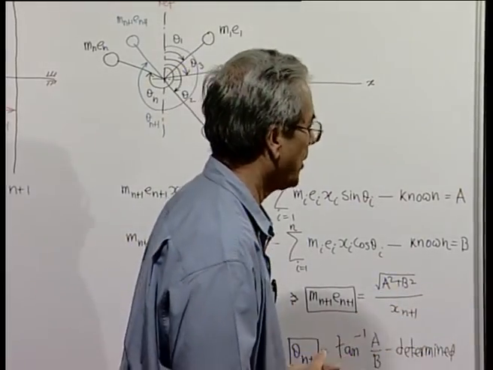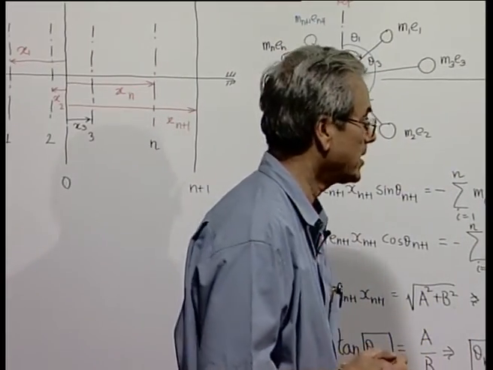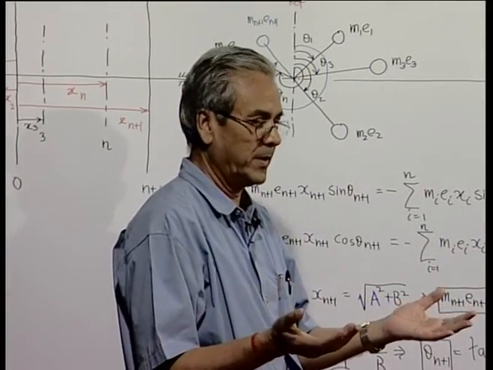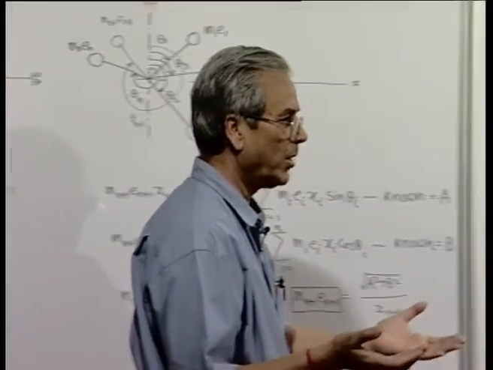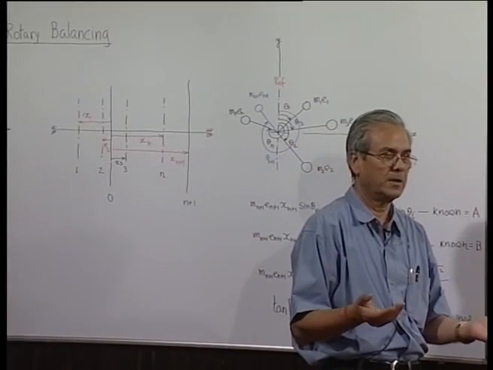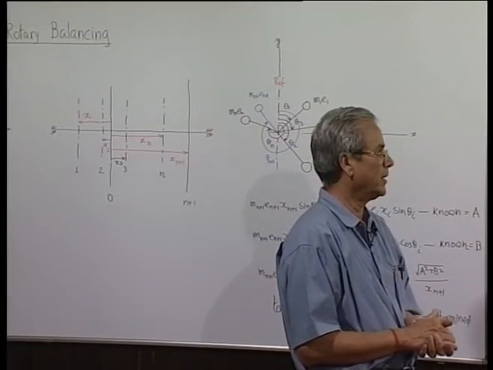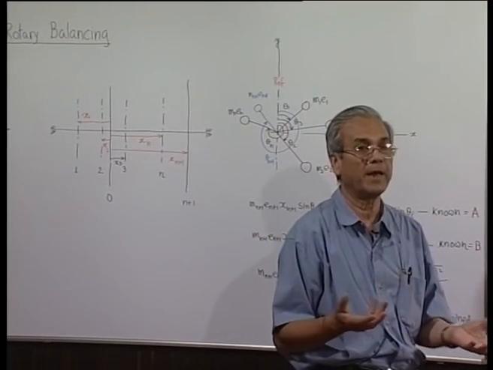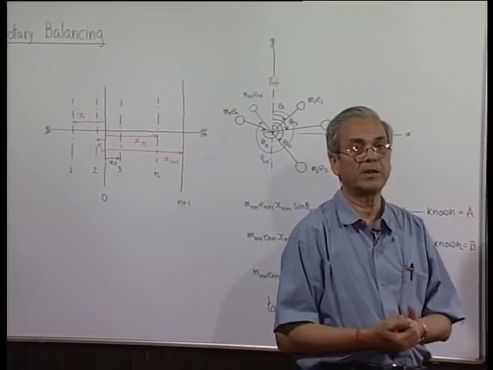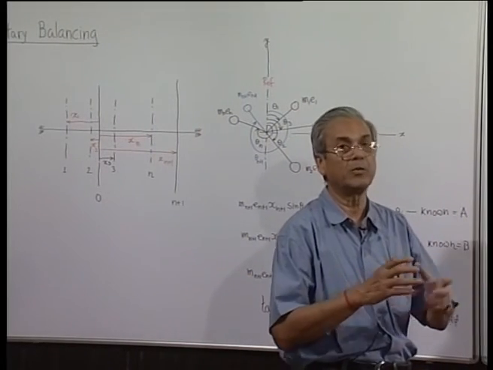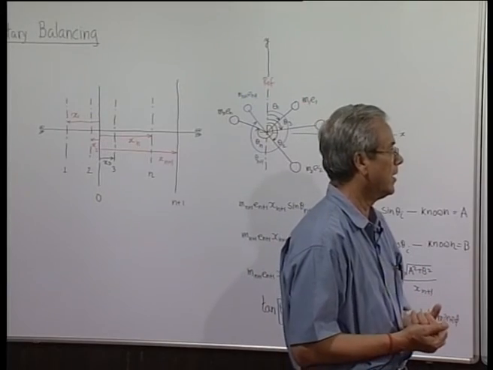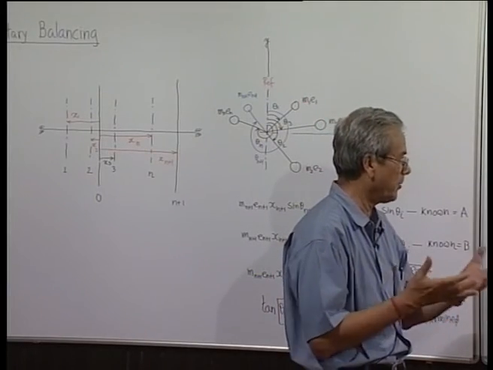Another kind of problem which needs to be discussed is when we are given a rotating body. Now, if a rotating body is given to us, sometimes it may be necessary to take care of its unbalances, which are produced by some errors in manufacturing, some misalignment during assembly, and such problems.